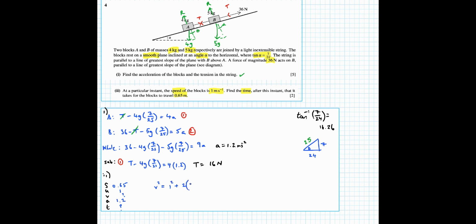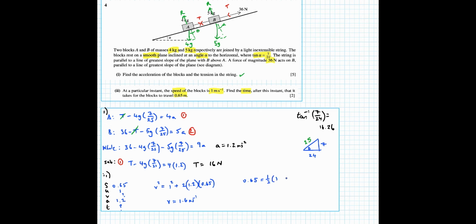You could use S equals UT plus half AT squared, or as I'm doing, just V squared equals U squared plus 2AS. But this particular one does not have time, so I'm finding the velocity first. The velocity was 1.6. And now I'm going to use the trapezium formula.